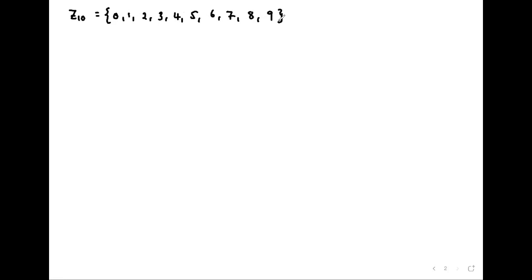So what's the order? The order of Z10 is not debatable. This one is 10. And then the identity, because this is an additive group, so the identity here is 0.